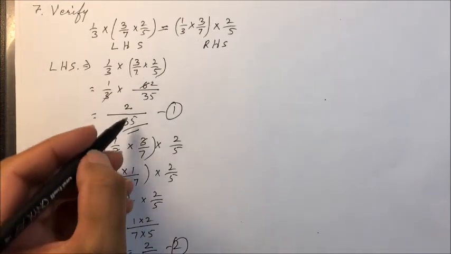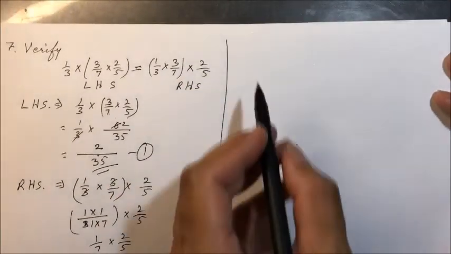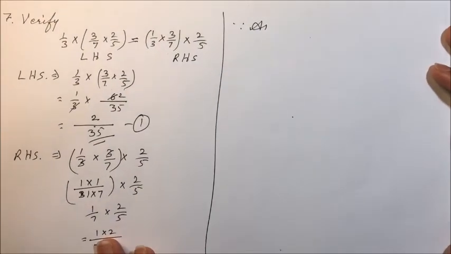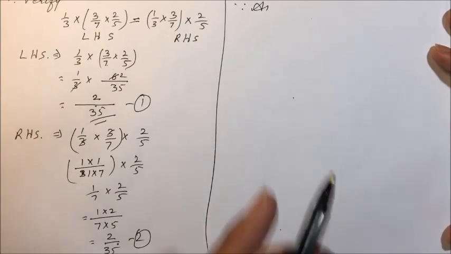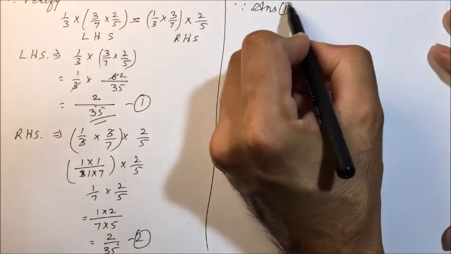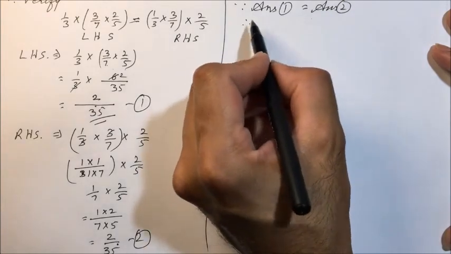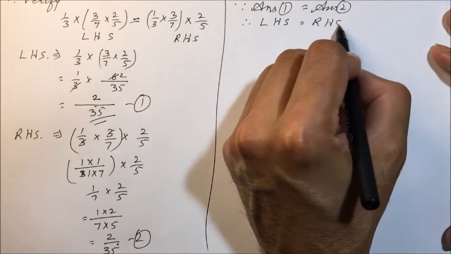Now as you can see, the first answer is equal to the second answer. So next step, since the first answer is equal to the second answer, therefore LHS equal to RHS.